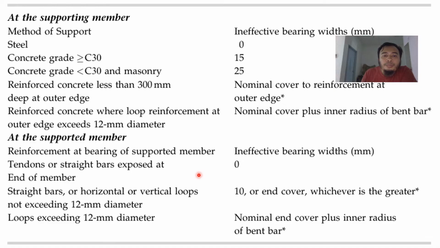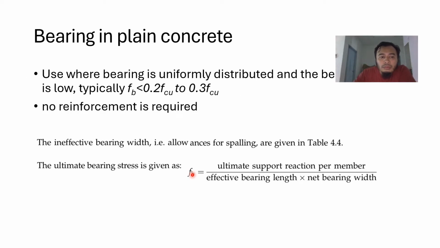And so you want to calculate FB. You can get your FB from the top here, and you put it here, so you can calculate your effective bearing length and net bearing width, or you can start from here and then check back here.